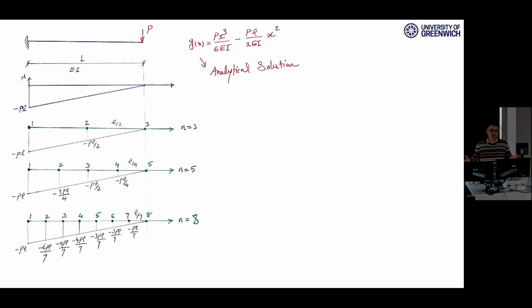And just use one segment when you go one step forward. It is minus 7 PL over 7. This is minus 6 PL over 7, 5, 4, 3, 2, 1. There is a rhythm there, right?